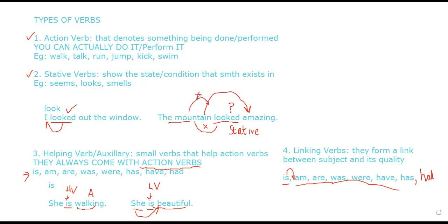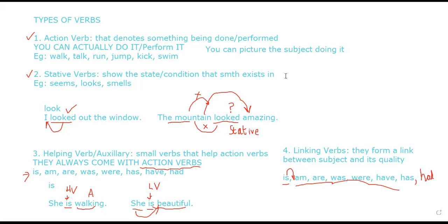It's not doing this action, so it's not an action verb. Okay, so again, picture it. You can actually do it, perform it, and the second hint was you can picture the subject doing it. If the subject cannot do it, if the subject is not doing it, then it is not an action verb, it's a stative verb.